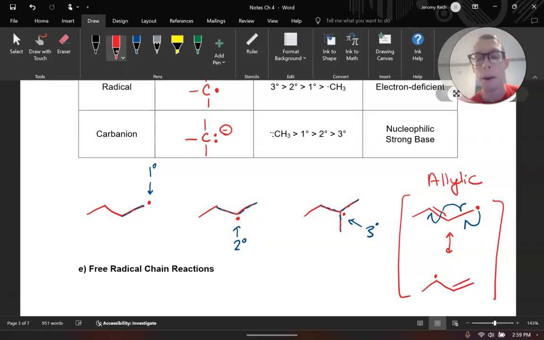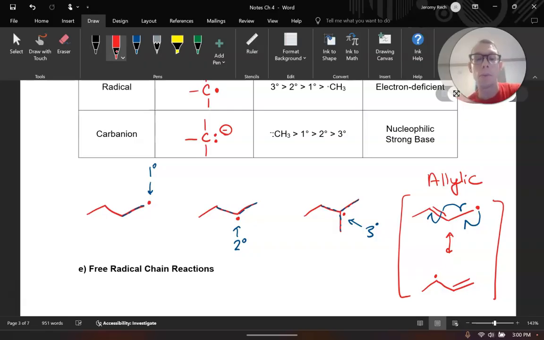Secondary is a little bit better because they have some stuff around it. Tertiary very good because we have a bunch of stuff around it. And then allylic being even better because we have the ability to resonate and really stabilize that not so stable original structure. And the more that you can stabilize it, the more likely you are to get a reaction there.